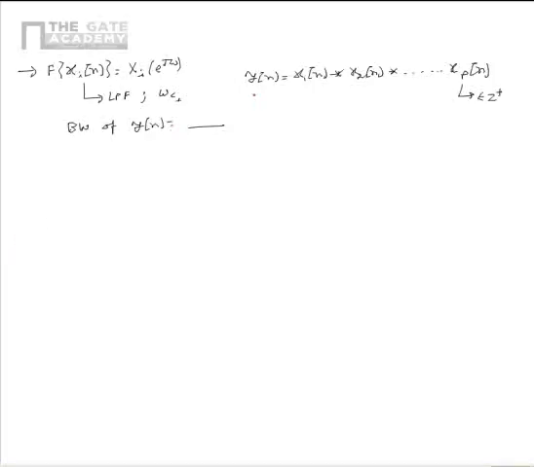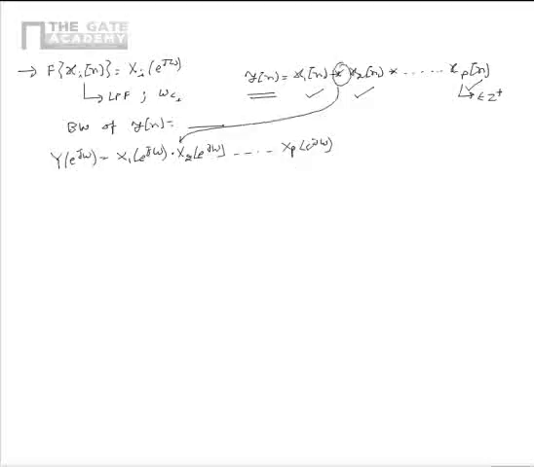We know that if y of n is convolution of x1 of n, x2 of n and so on till xp of n, then y of e power j omega can be written as the product of x1 of e power j omega multiplied by x2 of e power j omega and so on till xp of e power j omega, because the convolution in time domain is equivalent to multiplication in frequency domain.